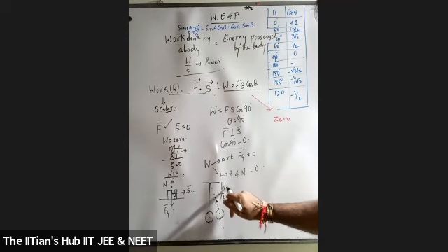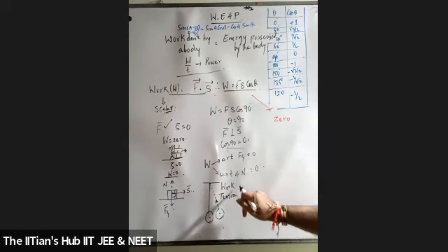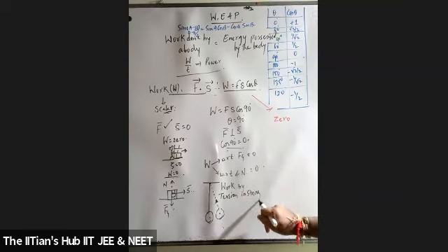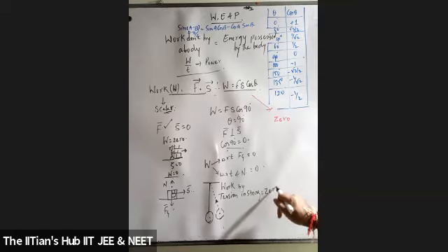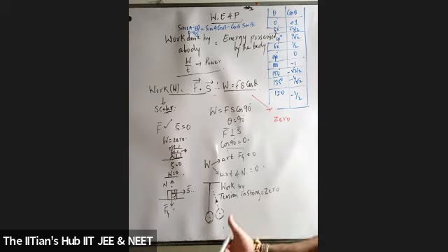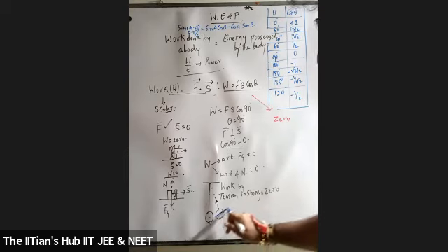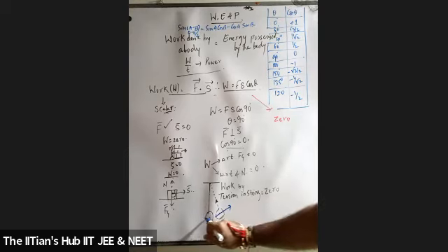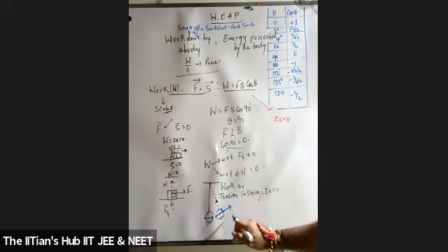It would be zero. Why zero? The body is moving in a motion similar to circular motion, and tension is like centripetal force acting at the center. The theta is 90 as it's tangential. Friends, the displacement is tangential. Every time you consider the displacement is tangential, look at the displacement.